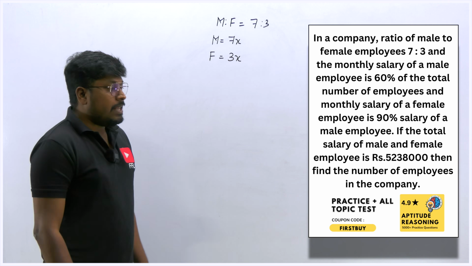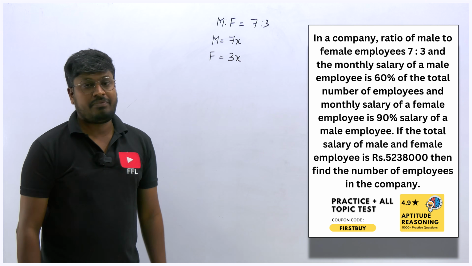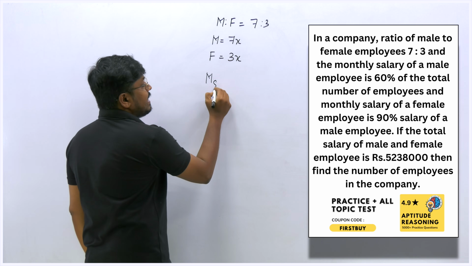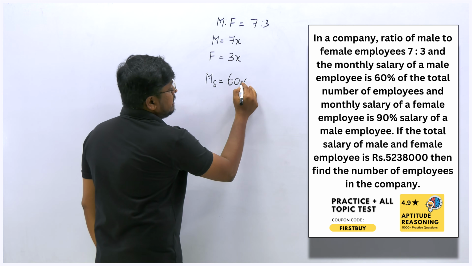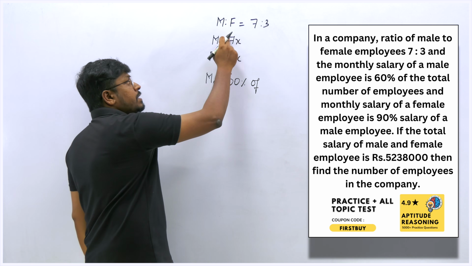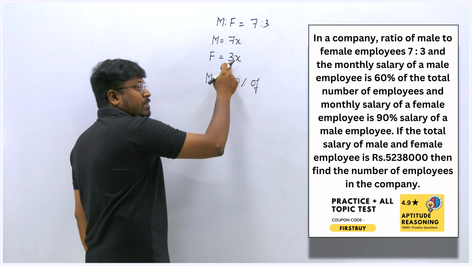Next point. The monthly salary of a male employee is 60% of the total number of employees. So the male employee salary will be 60% of the total number of employees. We already know 7x and 3x, male and female, so 7x plus 3x will be 10x.